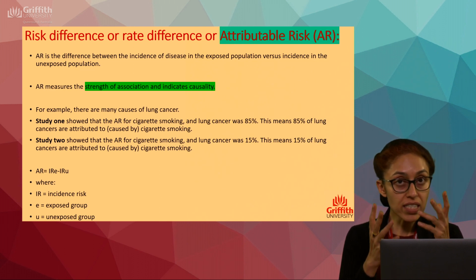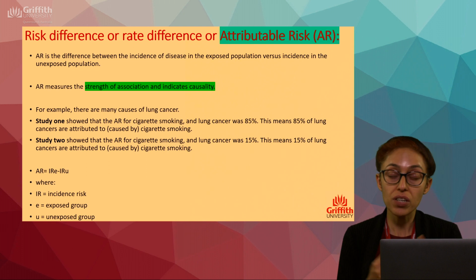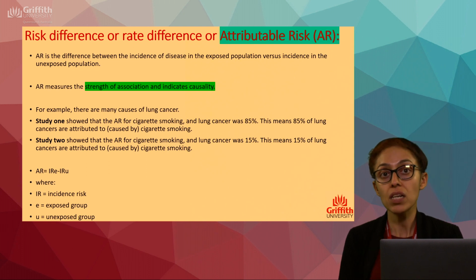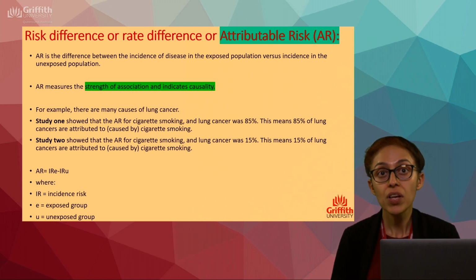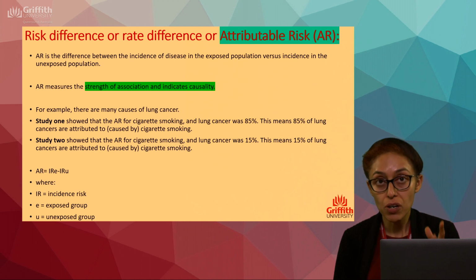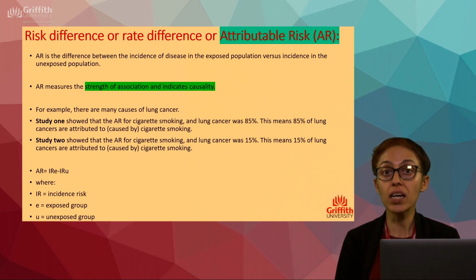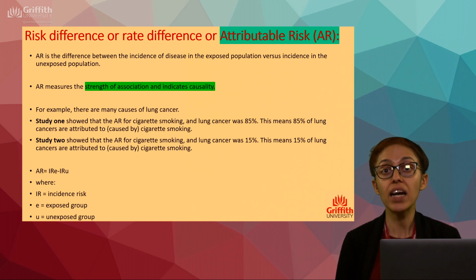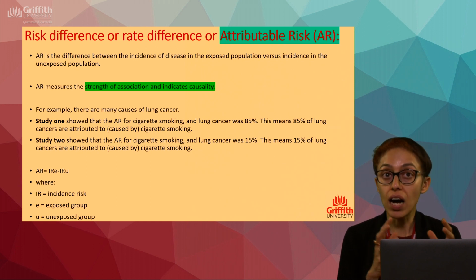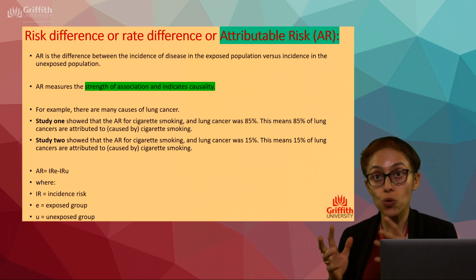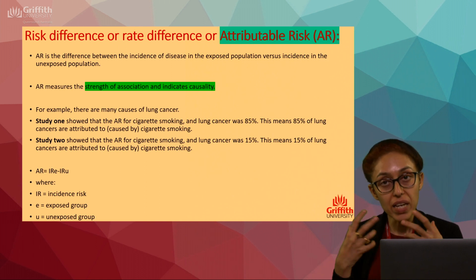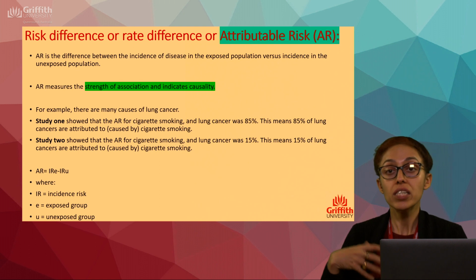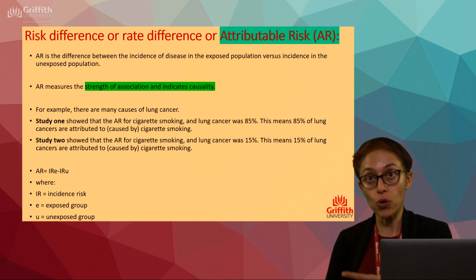So just as an example, and this is how it's written in research papers. For example, study 1 showed that the attributable risk for cigarette smoking and lung cancer was 85%. What does this mean? It means that 85% of the lung cancers are attributed to, and the meaning of the word attributed is caused by, cigarette smoking, okay.